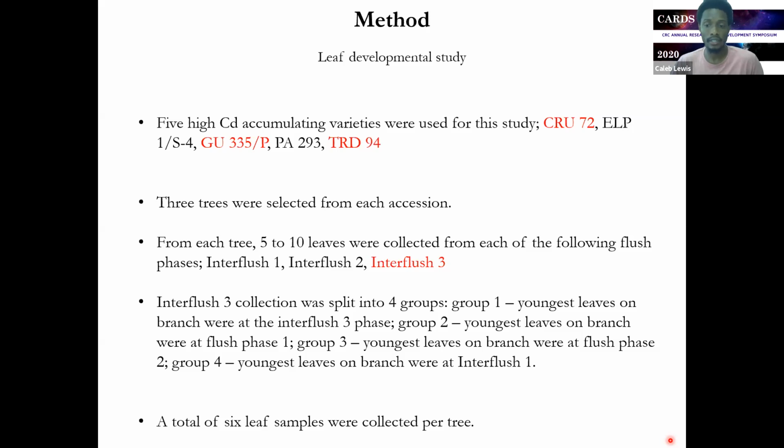Group 2, youngest leaves on the branch were at flush phase 1. Group 3, youngest leaves on the branch were at flush phase 2. Whereas group 4, youngest leaves on the branch were at interflush 1. So a total of 6 leaf samples were collected per tree. In the following slides, I will explain the breakdown of the interflush tree collection.